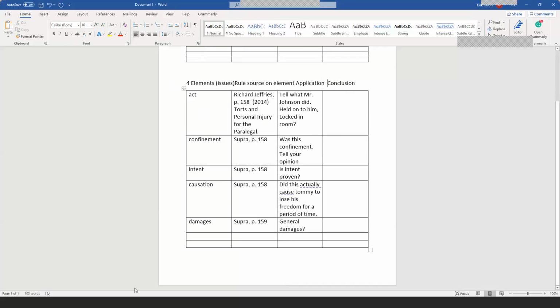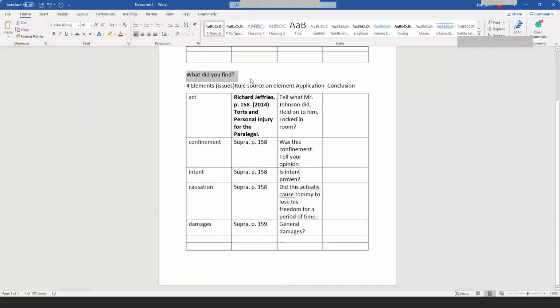In other words, I have field tested these with lawyers, and they like them. Why do lawyers like them? Because they want to know where you got it. So we've answered the question, what are you talking about, or what did you find? Lawyers want to know, what did you find? And we answered that question fairly clearly, didn't we?